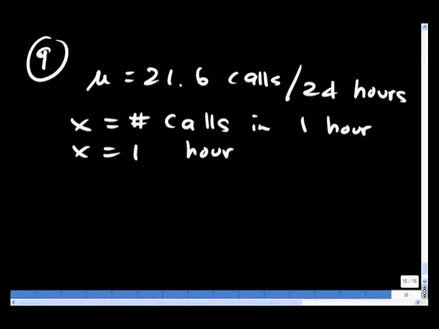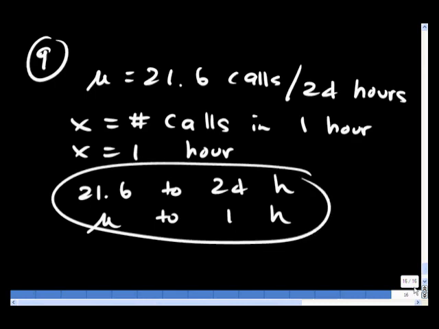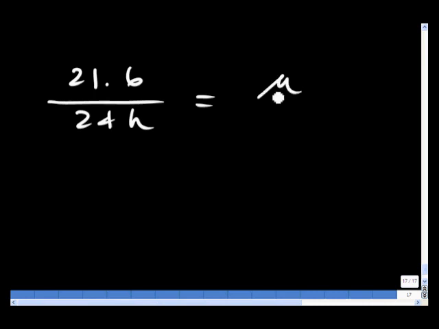We have to find a new value of mu. We know mu is 21.6 calls in a day, which is 24 hours. So 21.6 to 24 hours is the same as some new mu value to 1 hour. These are two ratios. The key is to create a proportion. That's 21.6 calls per 24 hours is the same as some new mu calls to 1 hour.